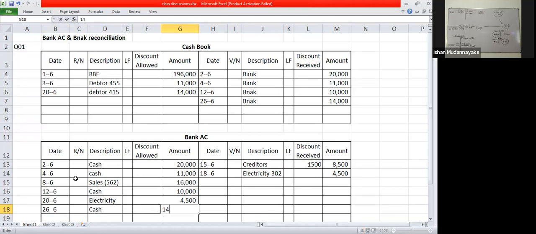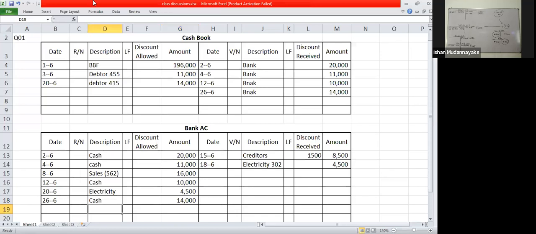Can you clear it for me? Yes, sir. Sorry, cash book credit, bank account debit. Yes, sir. This is right.